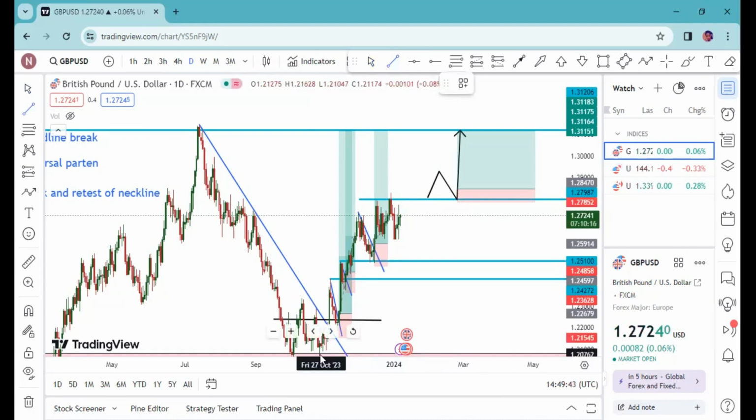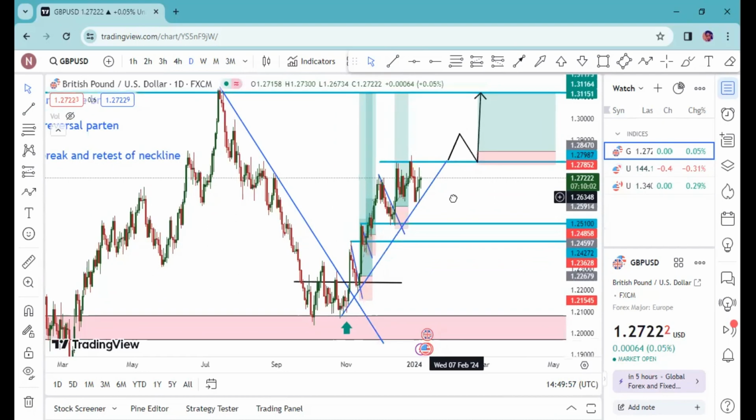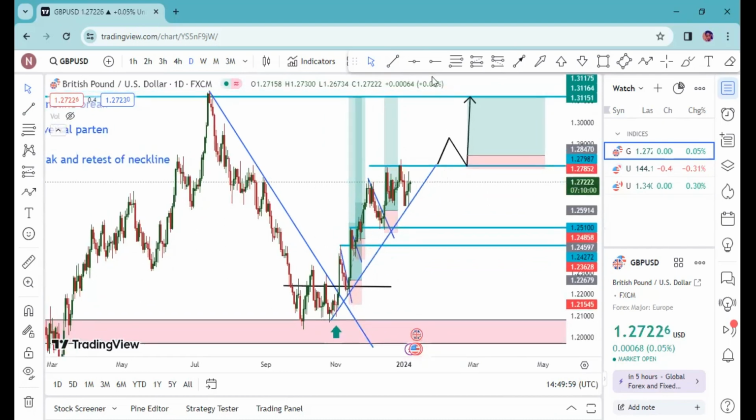I'll put my trend line here, the top. It has touched here, here, and here. If the market breaks this line, this is now like a bottom, a leg line.